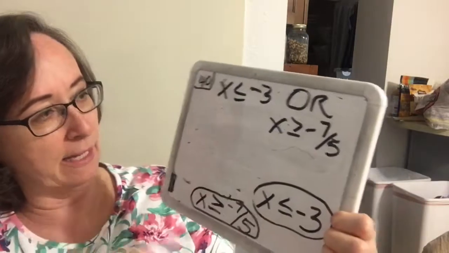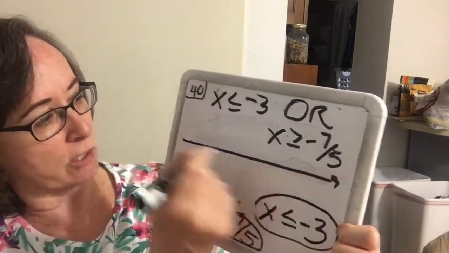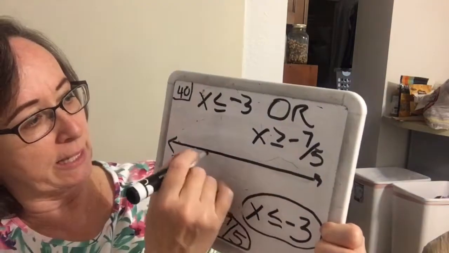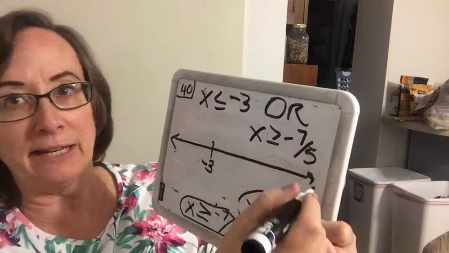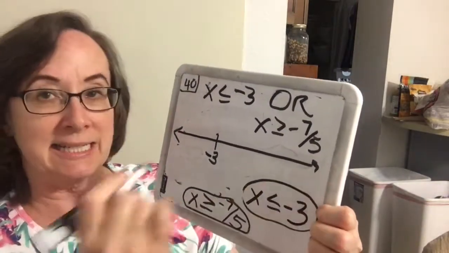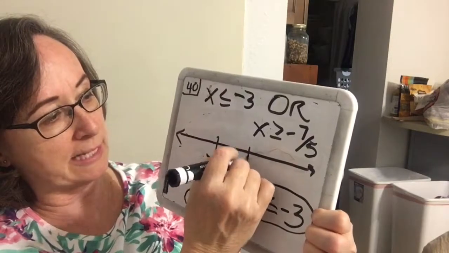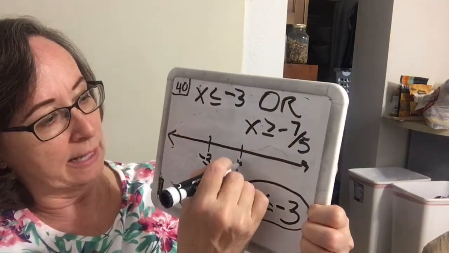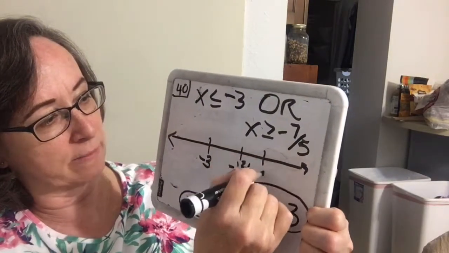Okay, so here's my number line. Let's first just graph this. Here is a -3, and our -7/5 is -1 2/5, so we'll say it's about there, -1 2/5. And then here's my 0.